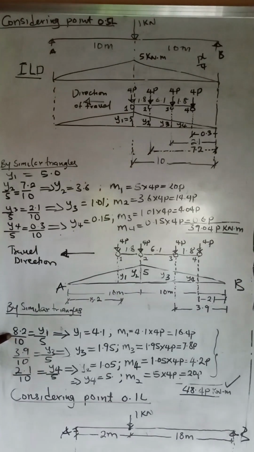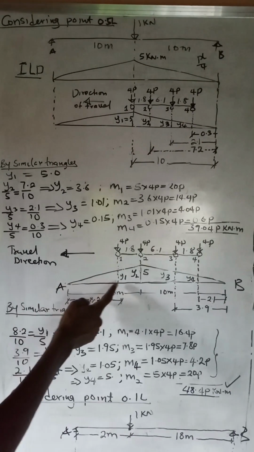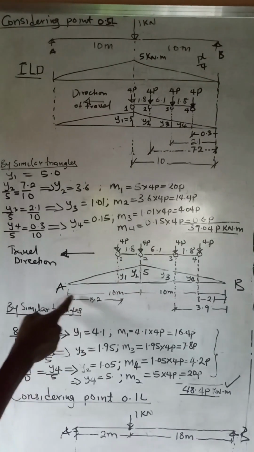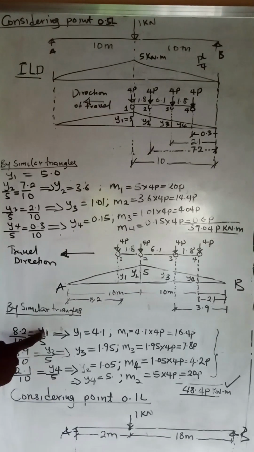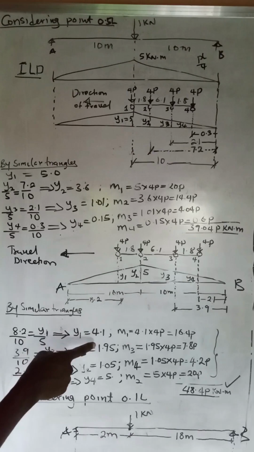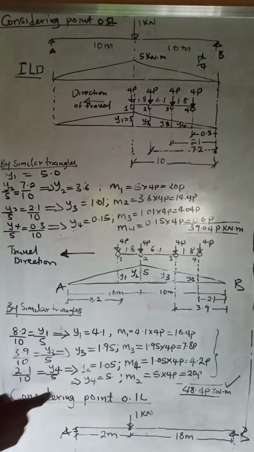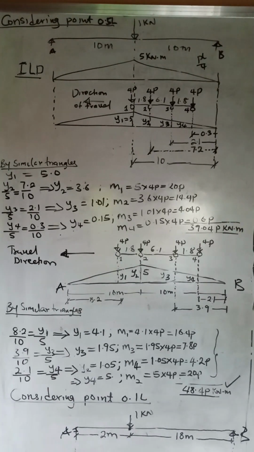By similar triangles, we know that from A to here is 8.2, and from here to here is 10. So if we go by similar triangles, it becomes 8.2 over 10 equals Y1 over 5. When we do that, we have that Y1 equals 4.1, and that is the ordinate at this point, Y1.